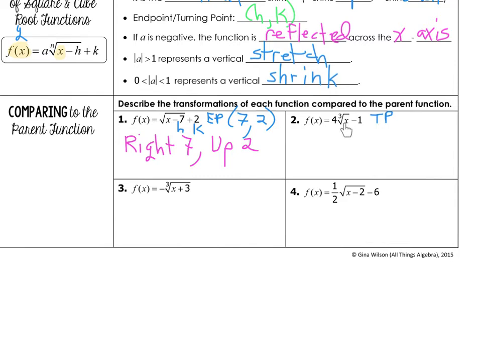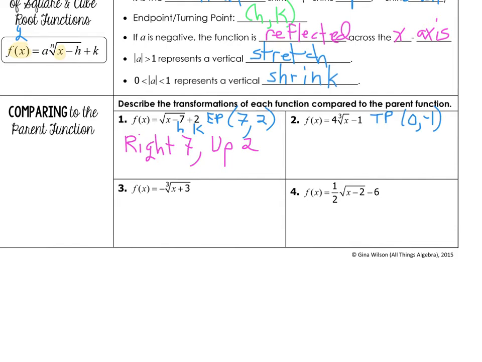So inside the function, if nothing is being added or subtracted to x, remember that nothing is 0. So that means my h is 0, and then my k is outside the function here. That's a -1, and we use exactly what we see for k. So I know my turning point is going to occur at 0, -1.